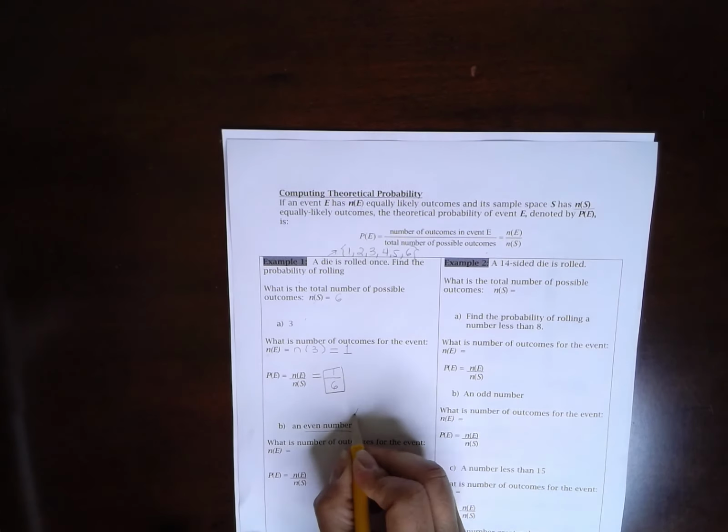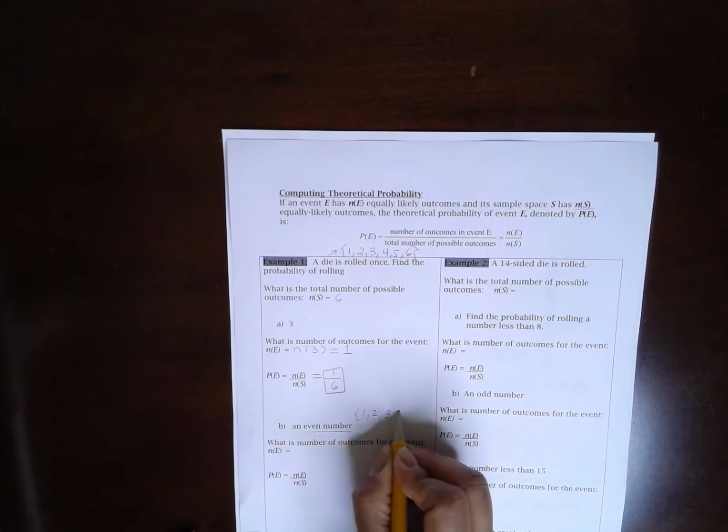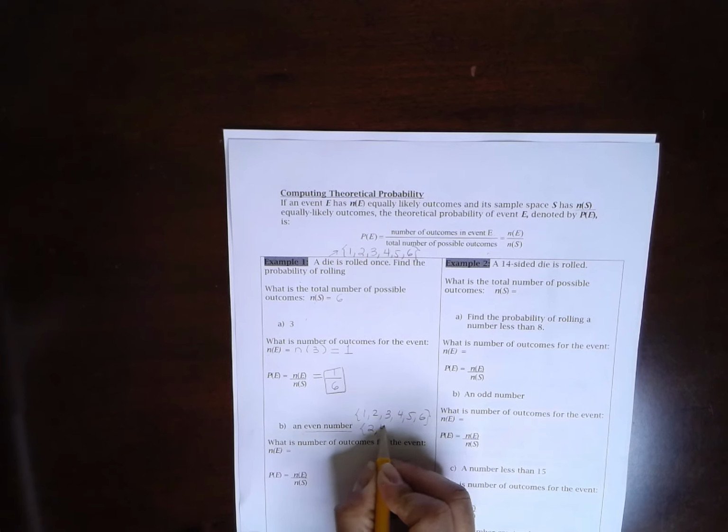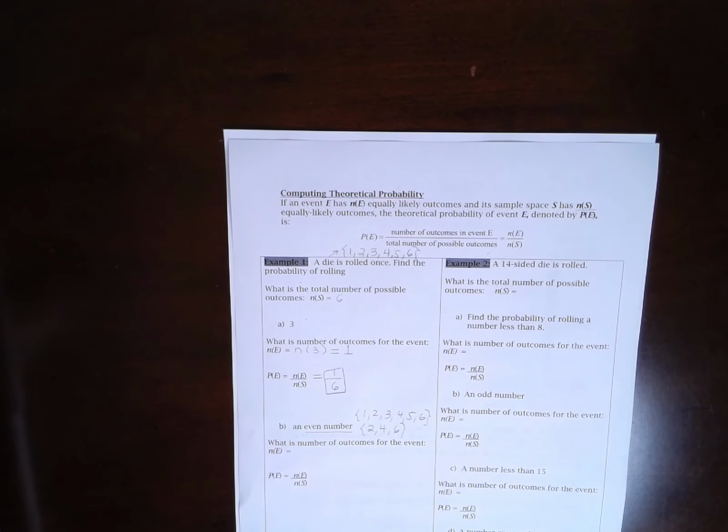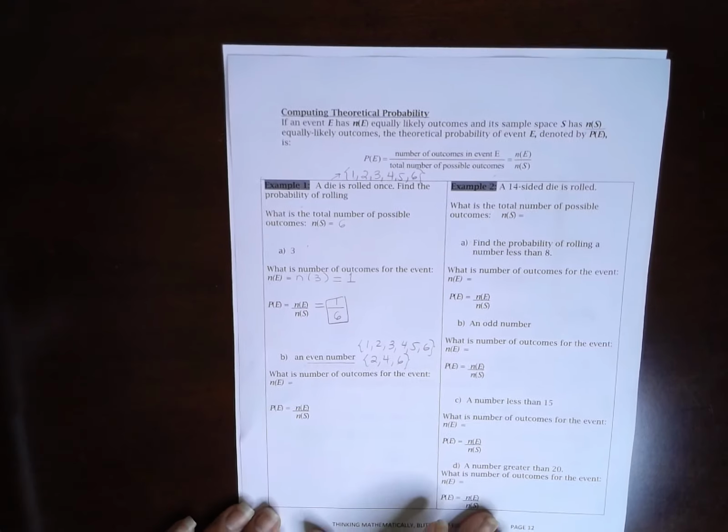In part B, you're asked to find the probability of even numbers. Out of the sample space, 1, 2, 3, 4, 5, and 6, the even numbers are 2, 4, and 6. So the event is a subset of the sample space.